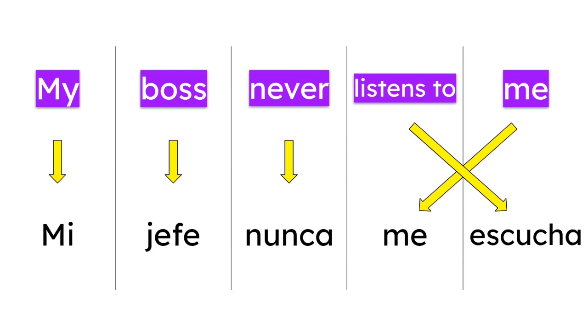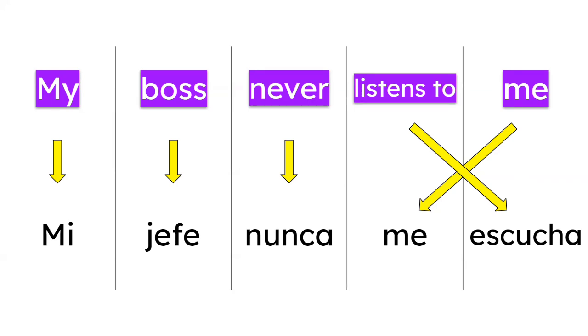Very good. That's right. And actually here, in order for you to practice, you can obviously replace boss by any other word, you know? Like you can say, mi mamá nunca me escucha, mi papá nunca me escucha, mi amigo nunca me escucha, and so on. That way, if you practice like this, you're going to get used to this structure.